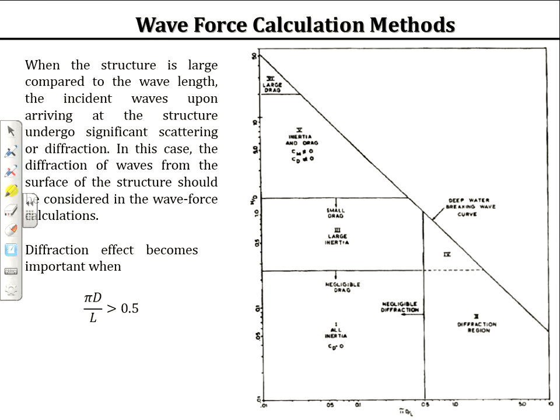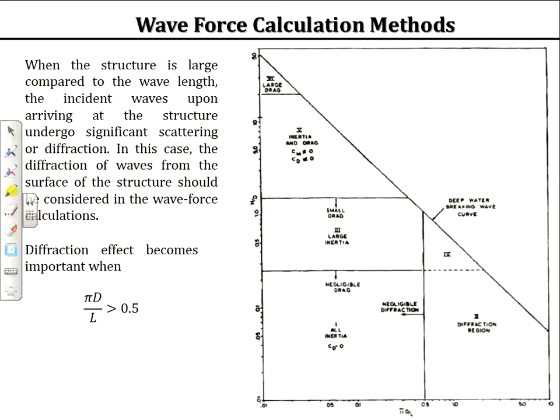So for any structure with any geometric shape, you can use this criterion to do the judgment. L is the wavelength. So it is the diameter compared to the wavelength. If this value is larger than 0.5, then we say it's a large structure.